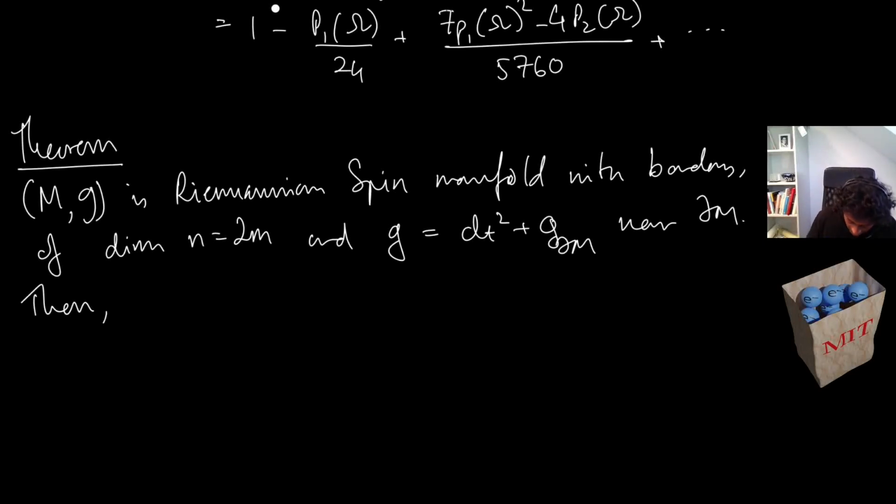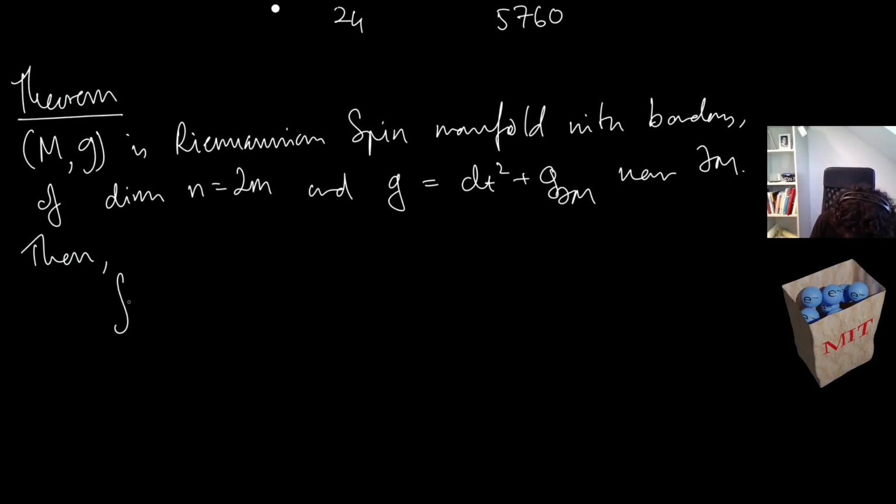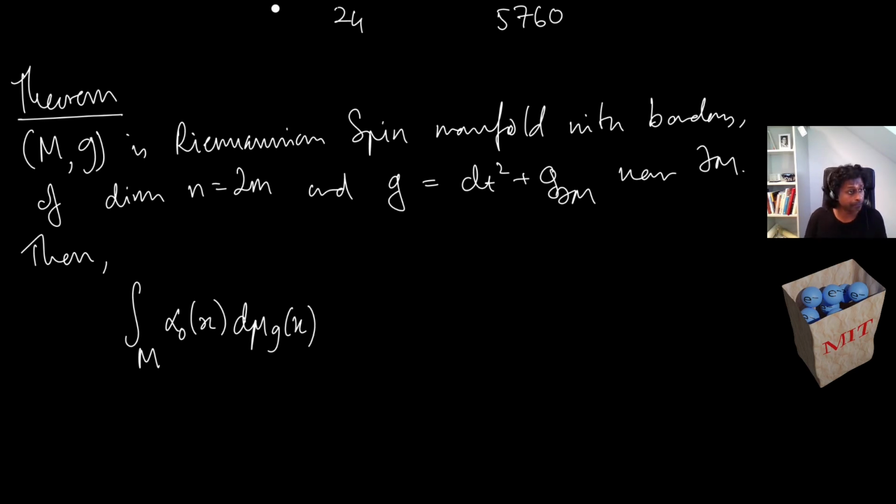Okay, good. Then this integral, so remember in the APS theorem we had this alpha naught times d mu g over x term, so that's what this will be.